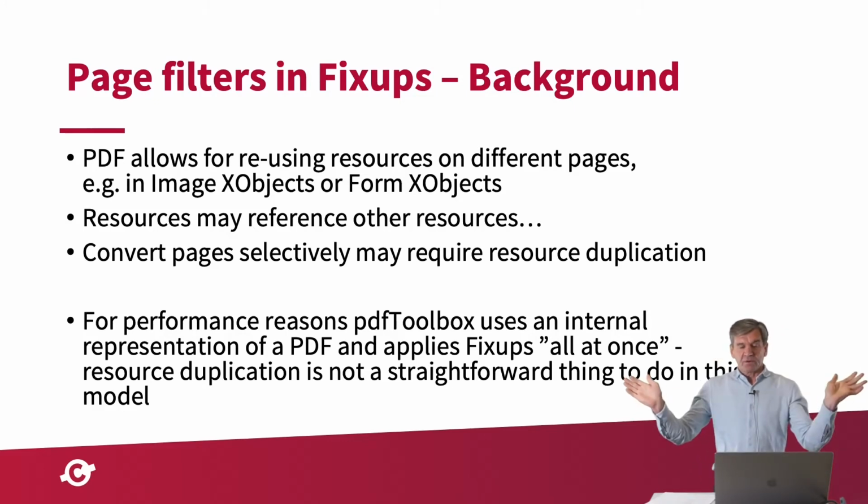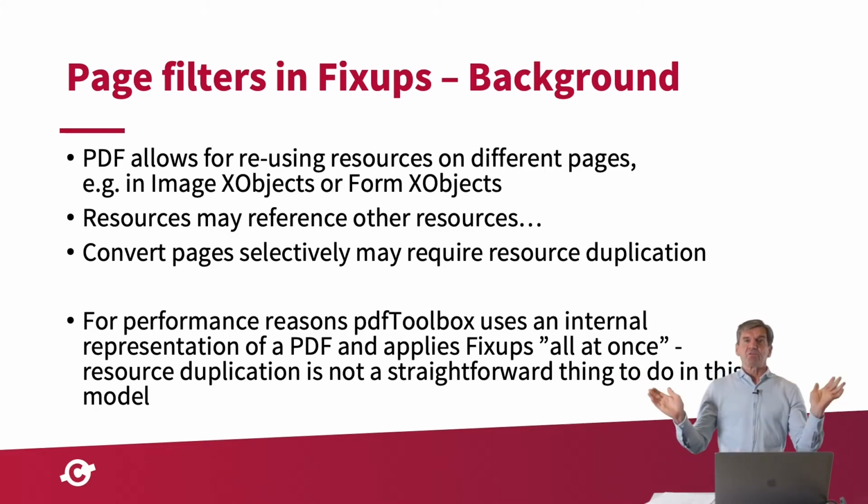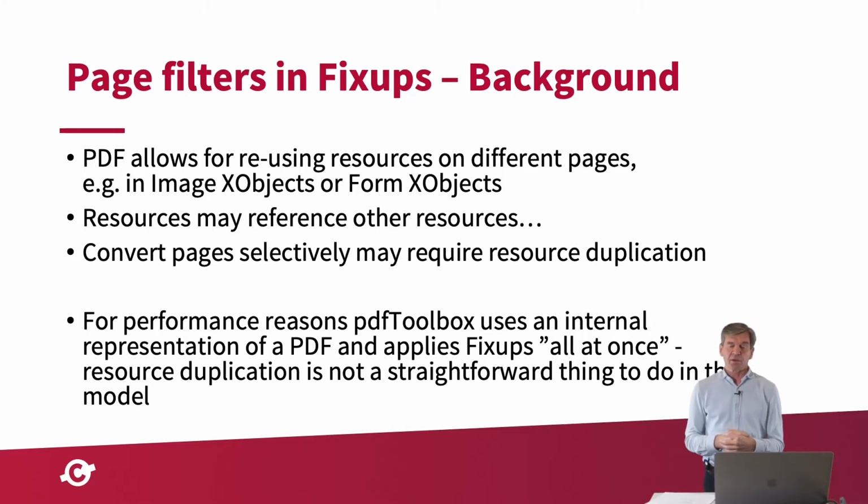And because of these trees of resources, you need to determine where the tree starts, and where the reference that comes from the page that you're currently processing actually enters into that tree.